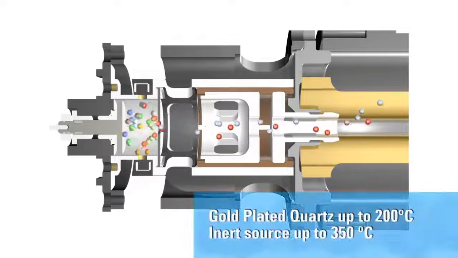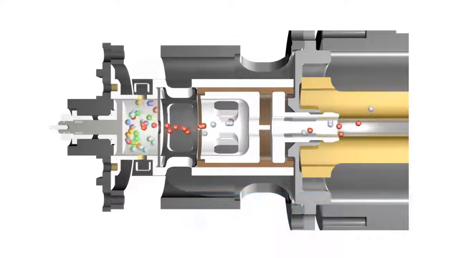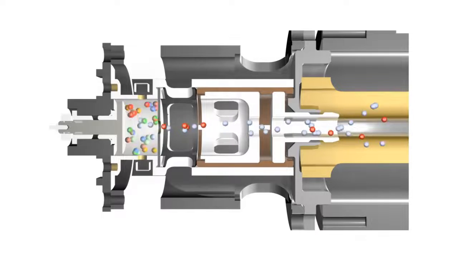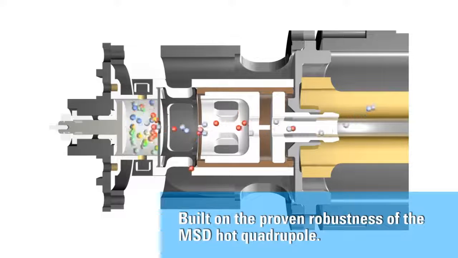These include an inert source operating at up to 350 degrees Celsius, and a quartz quadrupole operating at up to 200 degrees Celsius. With 35 years of MS experience, Agilent built the 7000A around the unique hot quartz analyzer of the MSD, not the cooler metal quadrupole rods used for LC-MS-MS.